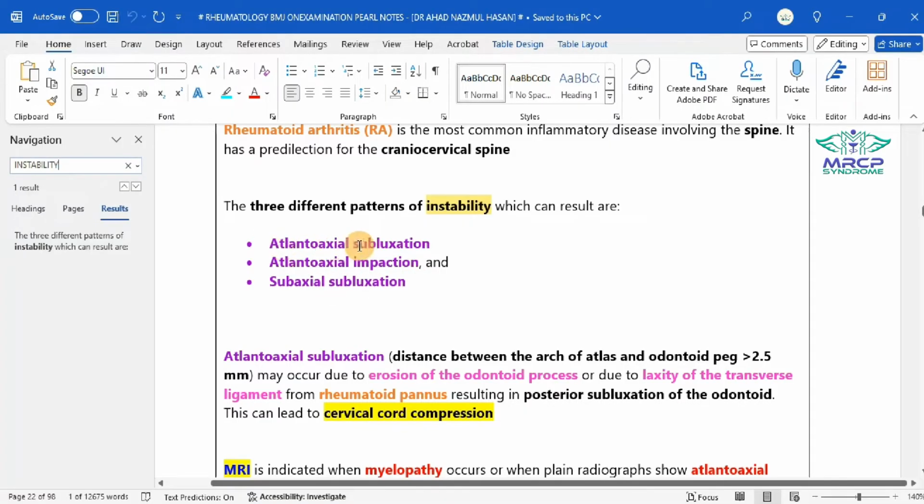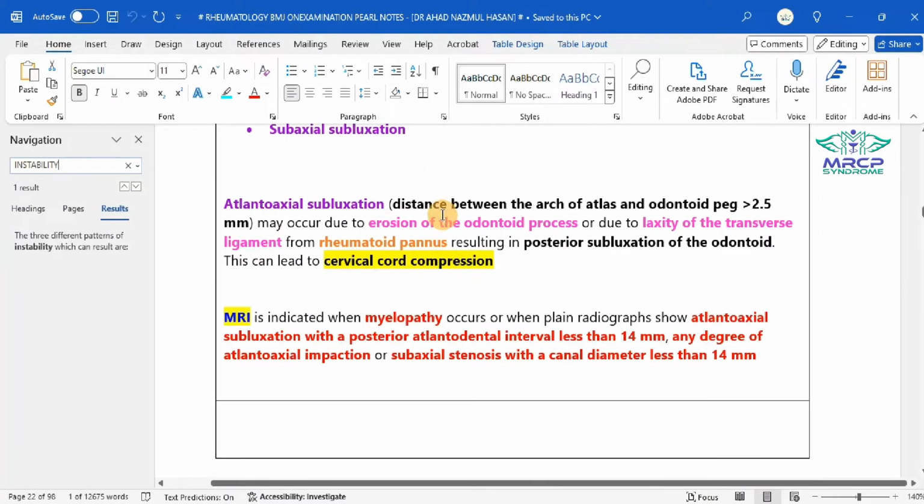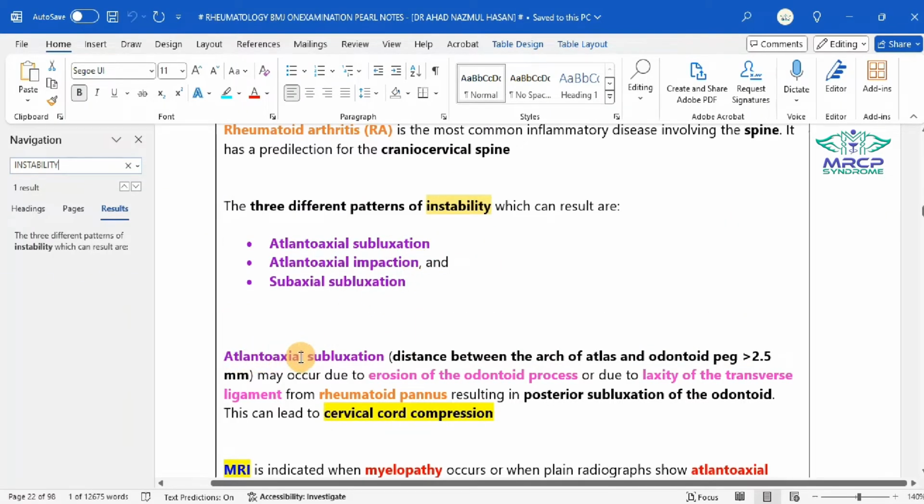And usually the atlantoaxial subluxation is more commonly encountered in the exam. So whenever the distance between the arch of the atlas and the odontoid peg is greater than 2.5 millimeter, this is regarded as atlantoaxial subluxation.